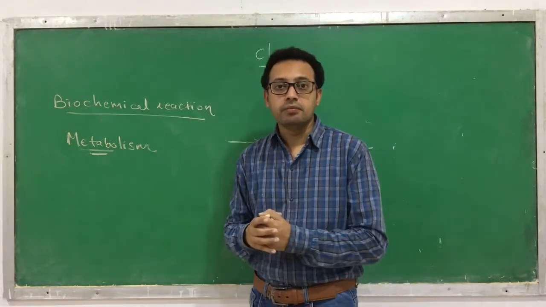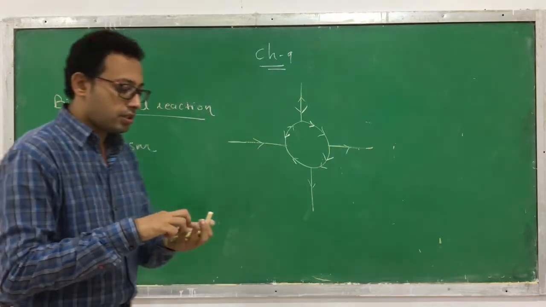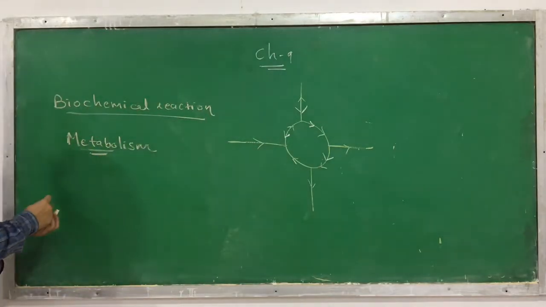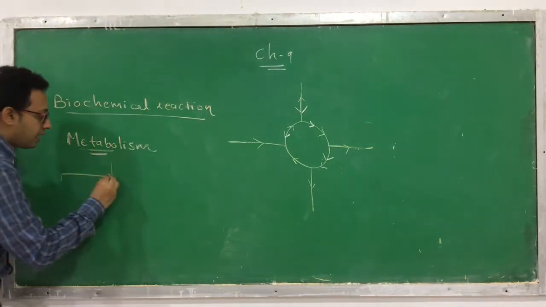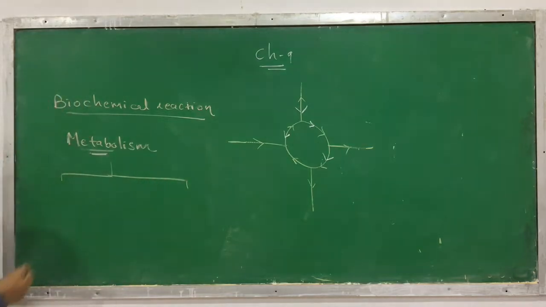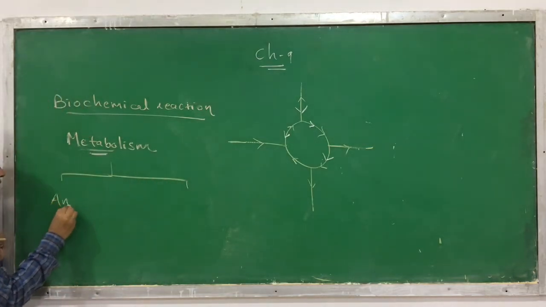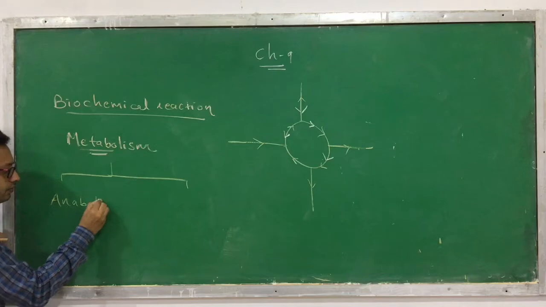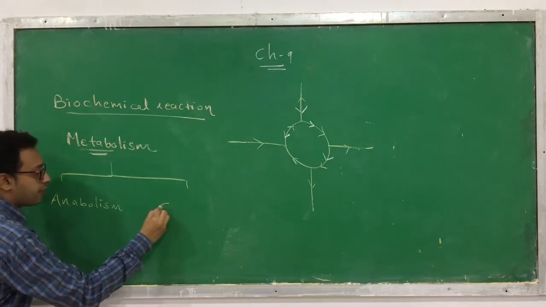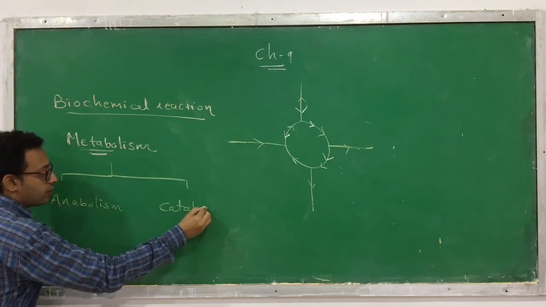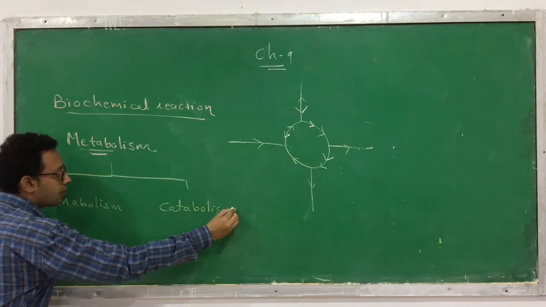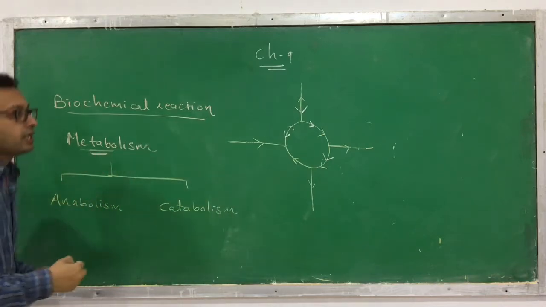Metabolism involves two kinds of processes. The first kind of process is anabolism, and the second type of process is called catabolism.